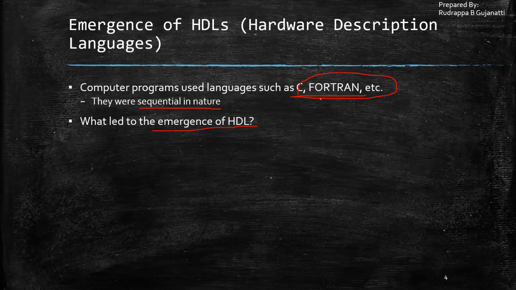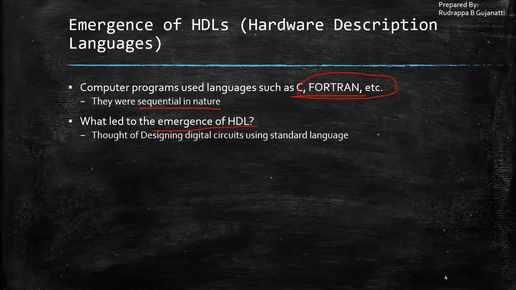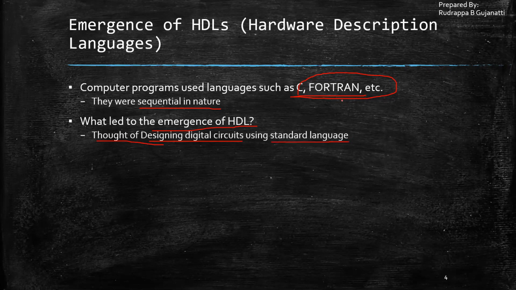This we have discussed in previous sessions also. There was a thought by the designers on whether we can design digital circuits using some standard language, similar to Fortran, Pascal, or C programming. These things gave the idea that we can have something similar for hardware description and to design the digital circuits.